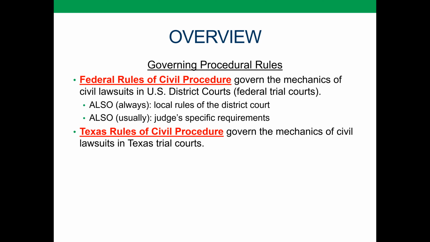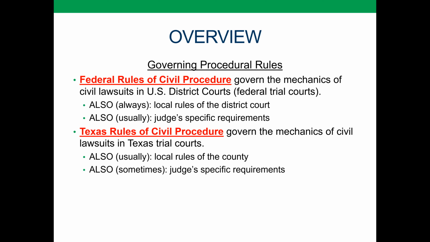Now, if you happen to be in a Texas trial court, you have roughly the same possibilities of rules that govern how things work. In Texas, the district courts and the county courts are governed by the Texas Rules of Civil Procedure statewide. But each county within the state may have its own local rules that may modify or add to the Texas Rules of Civil Procedure.